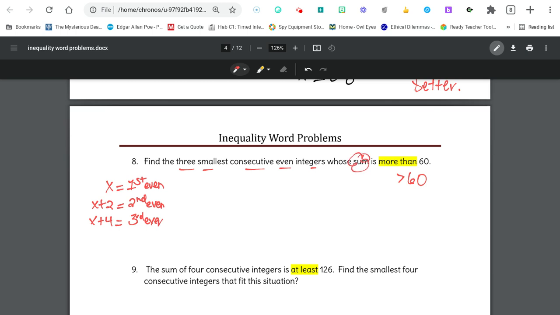And the sum has to be more than 60. So 1x plus 1x plus 1x, if I combine like terms, it's going to be 3x plus 6 greater than 60. Subtract 6 from both sides.